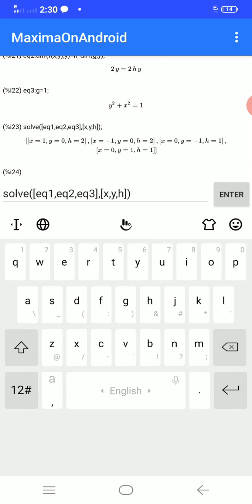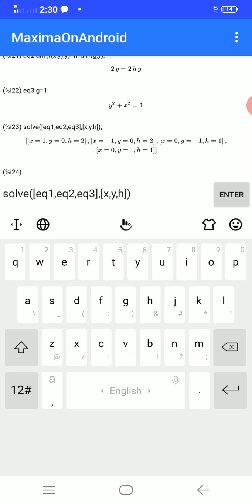So we get the values: x is equal to 1, y is equal to 0, h is equal to 2; x is equal to minus 1, y is equal to 0, h is equal to 2; x is equal to 0, y is equal to minus 1, h is equal to 1; x is equal to 0, y is equal to 1, h is equal to 1.